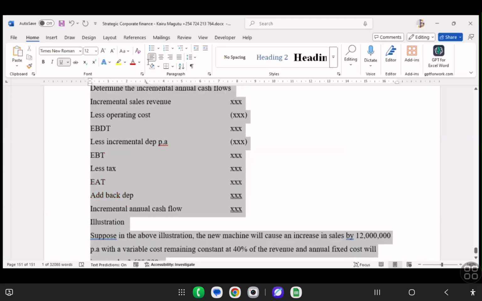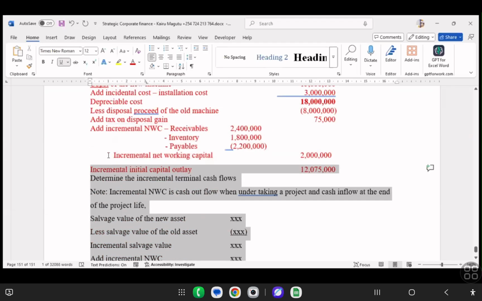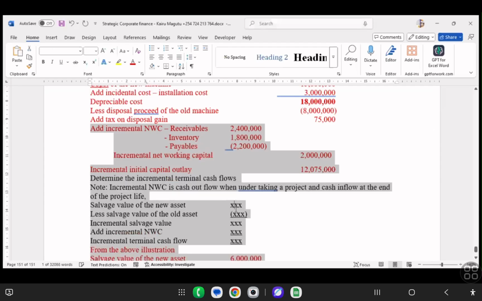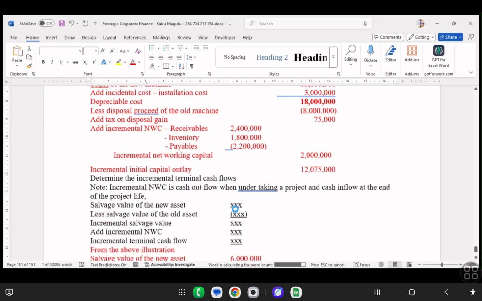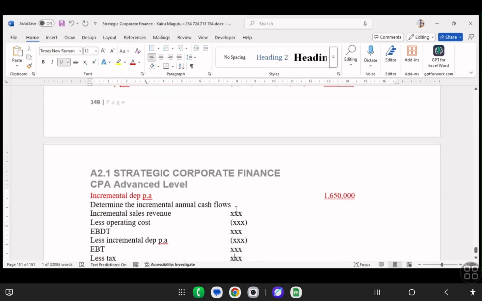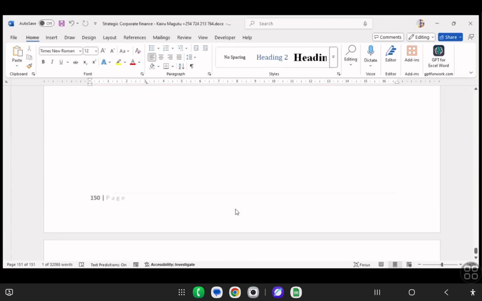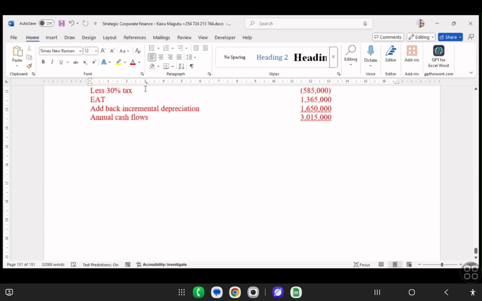Good. We have the annual cash flow. So the next item, after you have established the annual cash flow, is to determine the net present value.